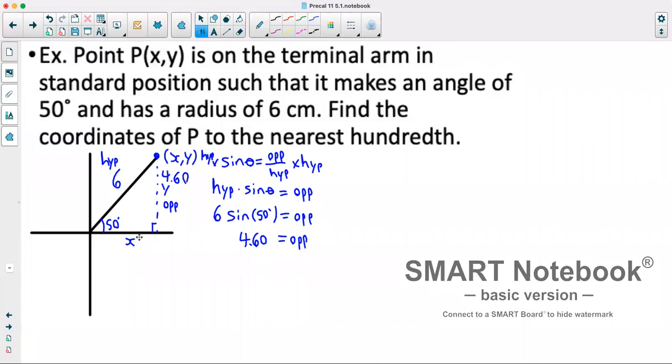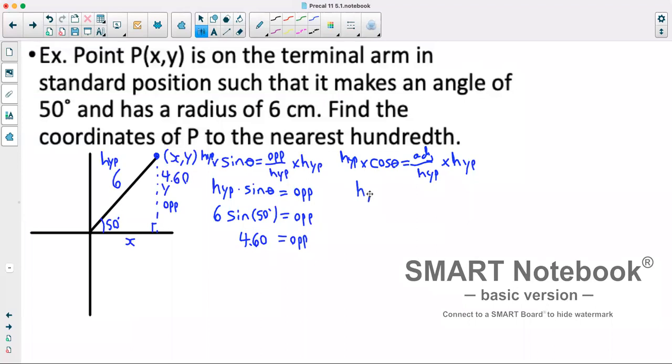Next, we'll find our x value. It's our adjacent side. We start with our hypotenuse, so I'll use cos. So we have cos of our angle is equal to adjacent divided by hypotenuse. Do the same thing as we did last time, multiply both sides by the hypotenuse.